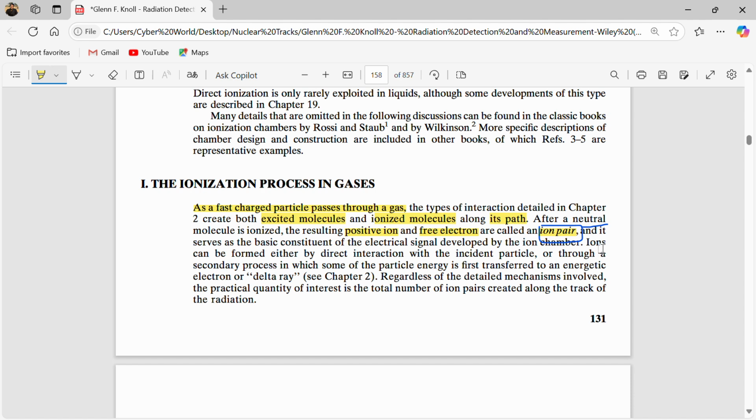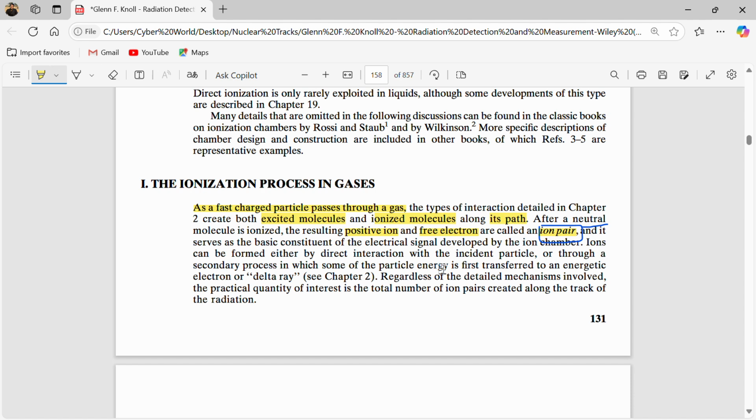Basically, ions can be formed either by direct interaction of the incident particle or through a secondary process in which some of the particle energy is first transferred to an energetic electron, or delta rays. Do you know what delta rays are? Delta rays are the secondary electrons that are emitted. We already discussed delta rays in our previous videos.